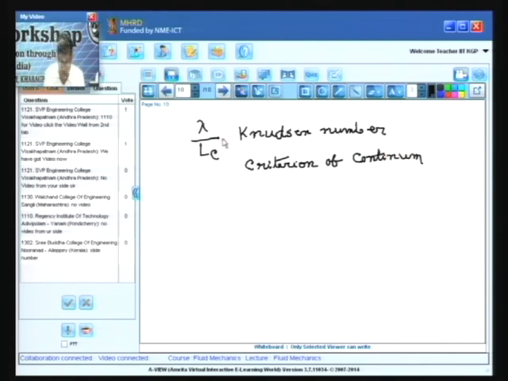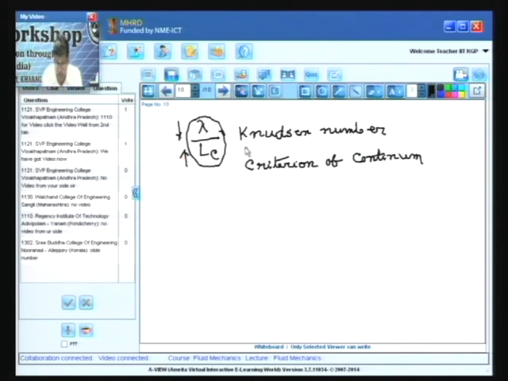So, this ratio, again we understand that the lower the value of lambda, the higher the value of the Knudsen number. The higher the value of lambda, the lower the value of the Knudsen number. The higher the value of LC, the lower the value of the Knudsen number.